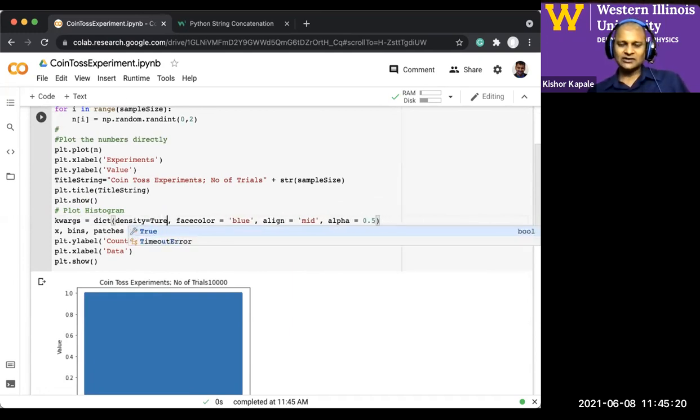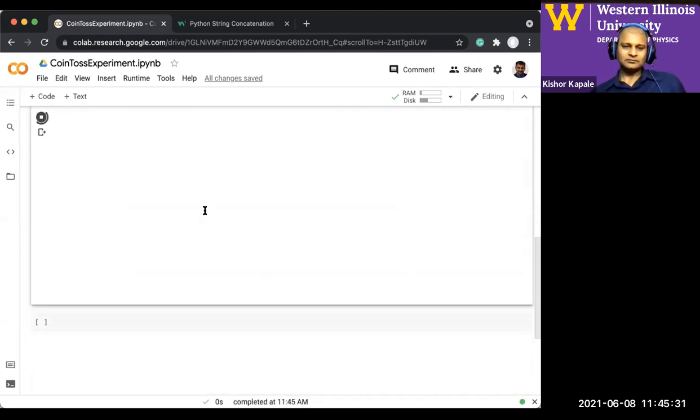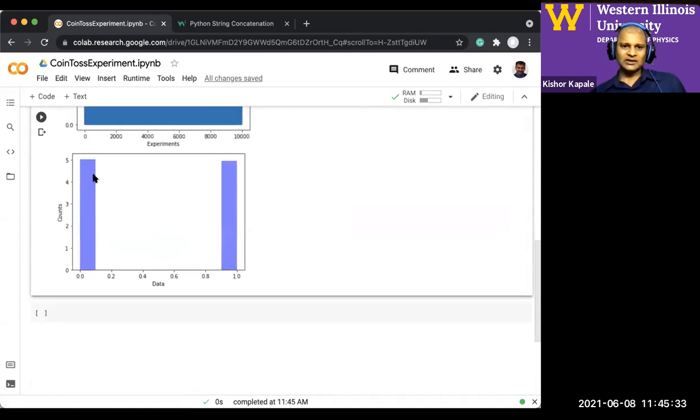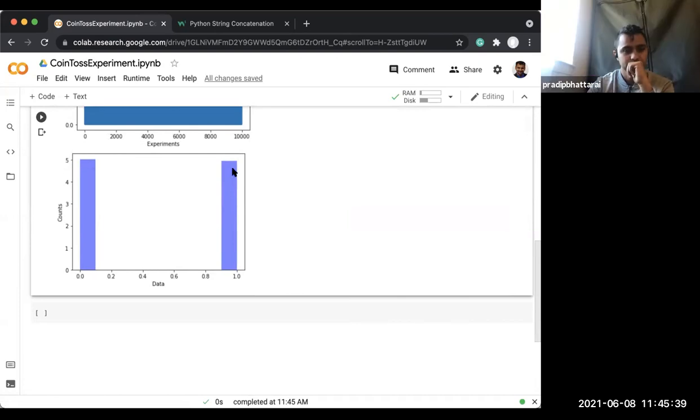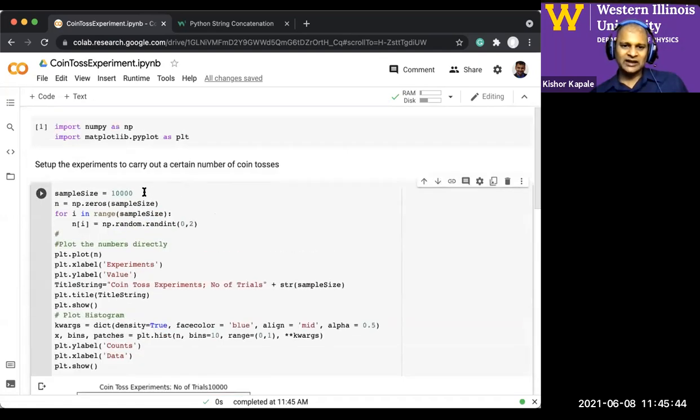It does not give you the actual count. Let's run that again. And it just gives 5, 5, right? It's some arbitrary count, but it looks like they're slightly different. This one is still slightly lower. So even with 10,000, it doesn't work.